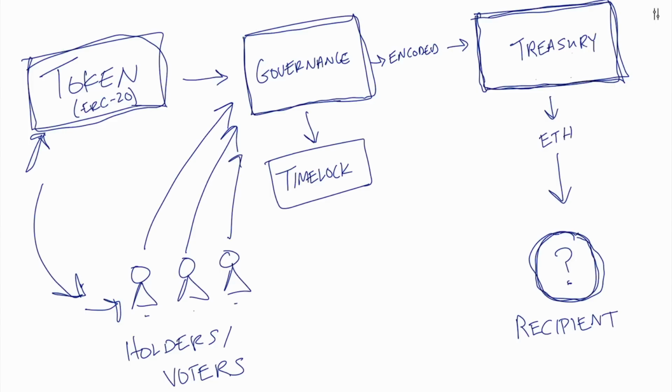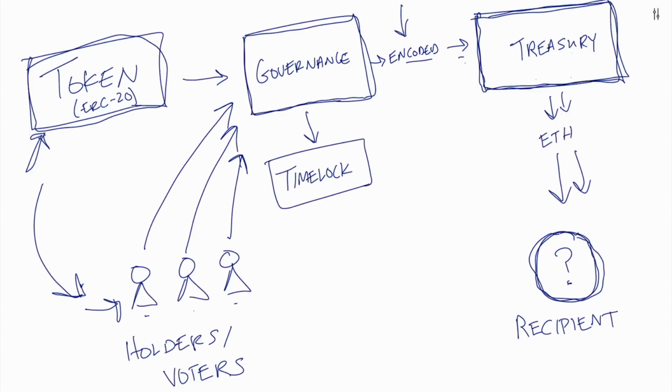And if enough votes pass, you can specify how many votes you want to pass, then the governance contract will actually take a special encoded function that is created in the proposal, and it will call that function on this Treasury contract to release the funds. That's what the governance contract does. Whenever you create a proposal, you basically tell it the function that you want it to call on a different contract. In this case, it's going to be release funds from this Treasury here. And then those ETH funds will actually get released to the recipient, okay?